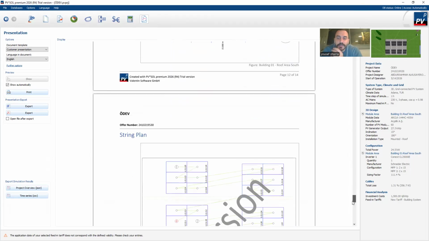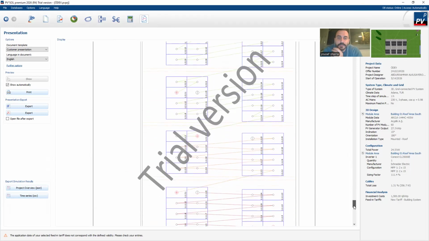And here in page number 13 shows the string plan, which illustrates how each individual panel is numbered and connected within each string. This is important for installation and maintenance purposes.